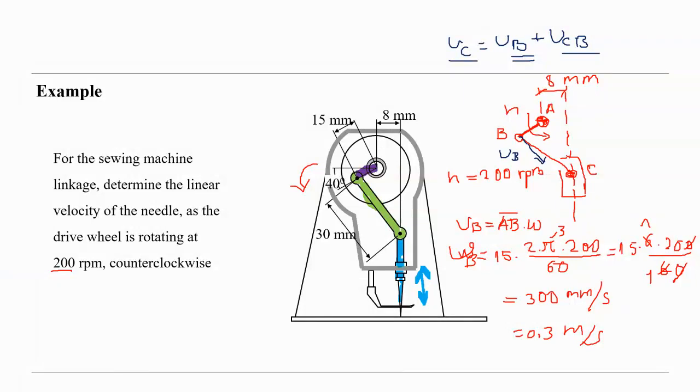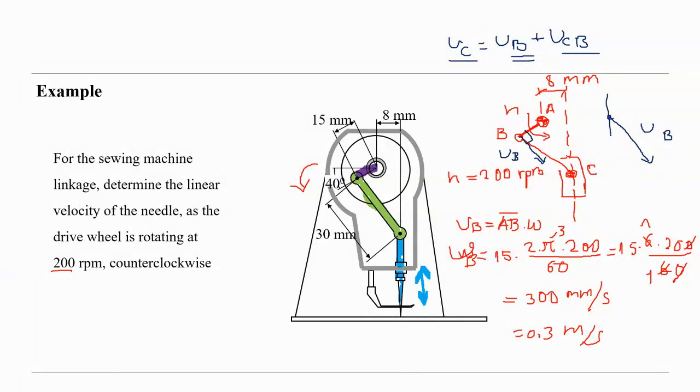Okay, this is VB. Then we can draw the VB like this here, from a point arbitrarily selected. This is the VB, and we know the direction of VC must be parallel to that.